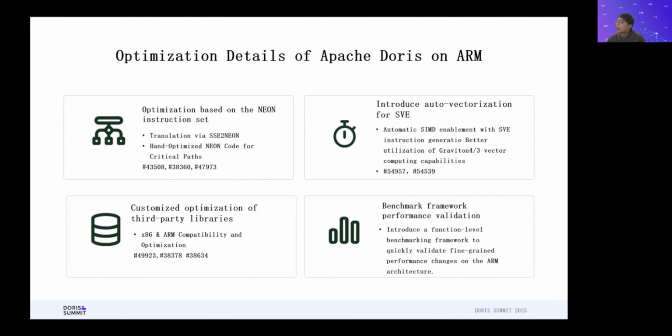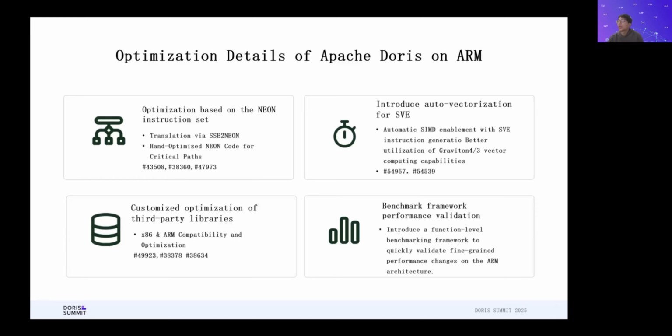The goal here is to ensure compatibility between x86 and ARM. Both have optimized libraries in the third party. By optimizing third-party libraries, we eliminate potential performance bottlenecks that could come from using unoptimized libraries, especially for ARM.